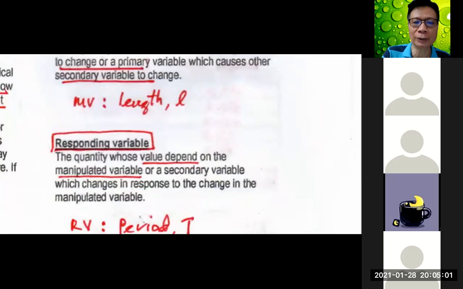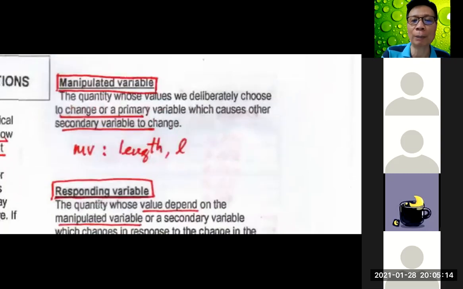After that, increase to 60 cm, 70 cm, 80 cm. So you are controlling the length of the thread. So the length of the thread is the manipulated variable. That's why we say the manipulated variable is length. Manipulate means you control one.